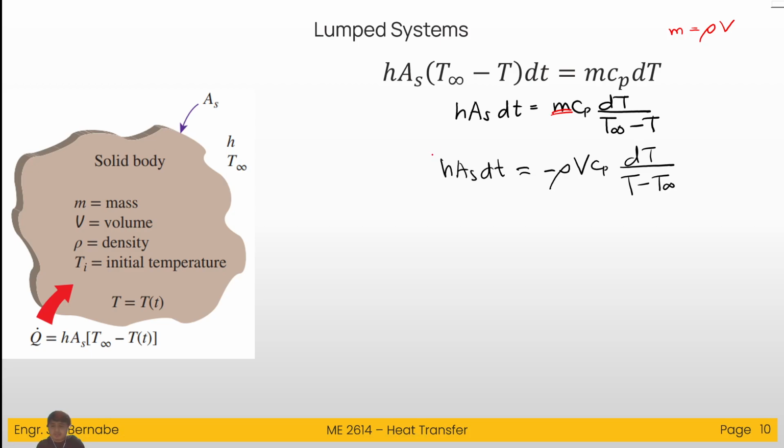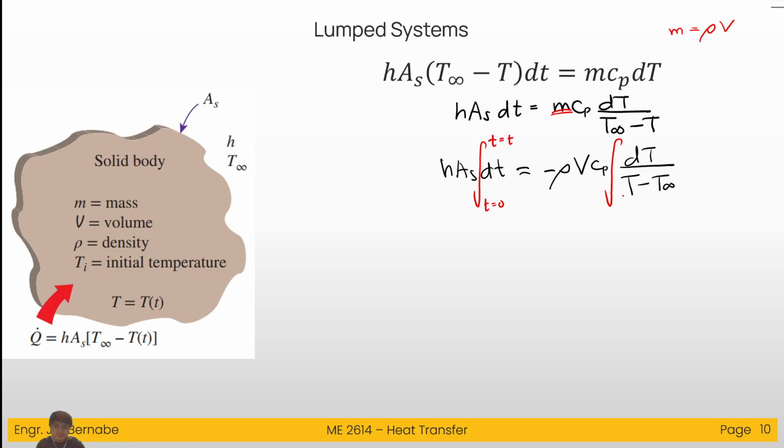Okay, now integrating both sides, we're assuming that the heat transfer coefficient is also constant, and the area is constant, density is constant, volume is constant. So if we integrate this, we are just integrating the variables here. So the temperature will vary. If you do the integration, we have to also include the limits. The limits here will be for time: we start with t equal to 0, and we end with t equal to, let's say, the time.